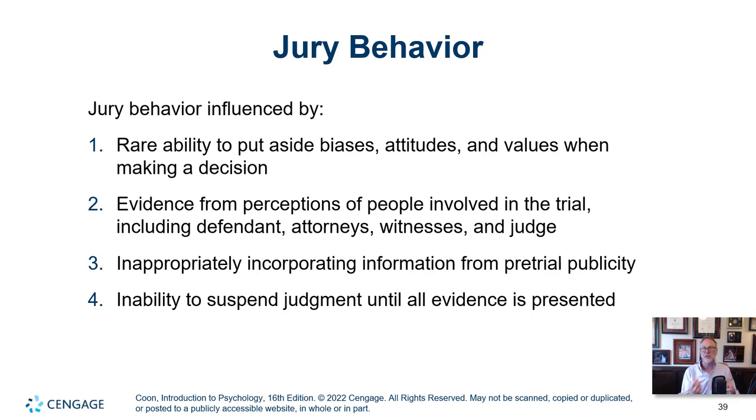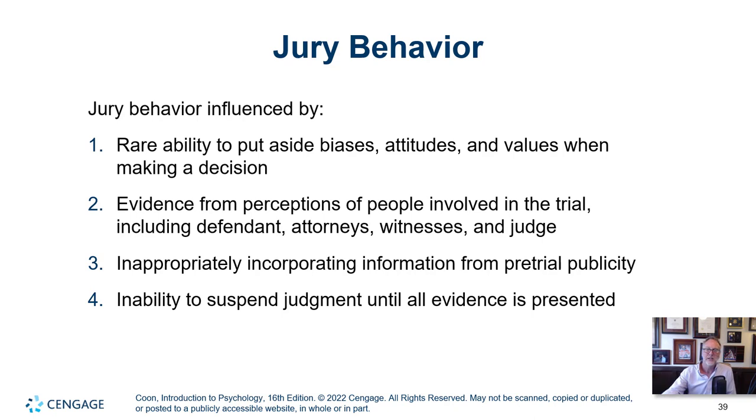In one mock jury study, defendants were less likely to be convicted if they were wearing eyeglasses than if they weren't, because a lot of people presume eyeglasses mean intelligence, and they think that person would be less likely to commit a foolish crime.